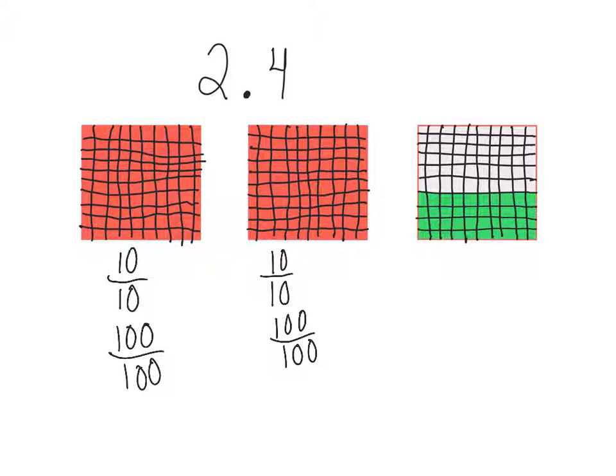Then before, we had 4/10, but now, notice we have 10, 20, 30, 40. We have now 40 hundredths. So how does that look now as a complete number in the hundredths? Well, we have 100 hundredths plus 100 hundredths plus 40 hundredths.